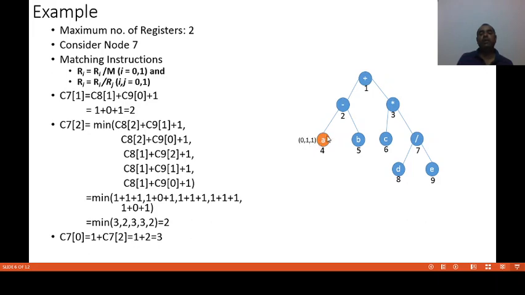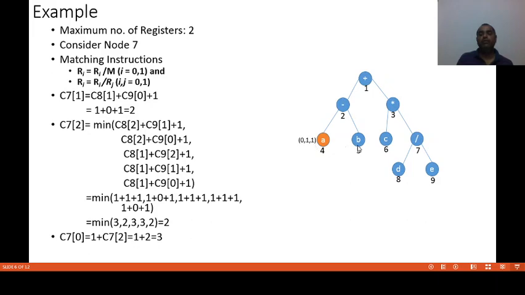Our machine has 2 registers, but when we evaluate this leaf node, only 1 register can be used. Like if I am writing R0 = A, in that case I am using only 1 register. So in this case the cost for evaluating node A for 0 registers will be 0, 1 register will be 1, as well as for 2 registers it will be 1.